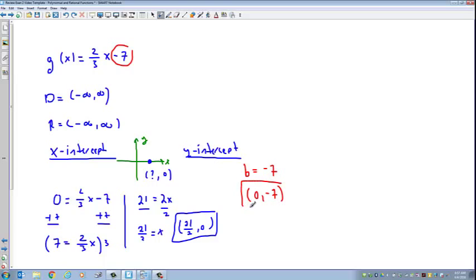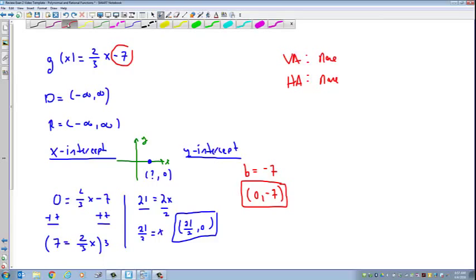And so that's the y-intercept. So we can actually use our understanding of linear functions to find the y-intercept for this. Okay, so we have the x-intercept and the y-intercept. Vertical asymptotes are real easy. There are none. And horizontal asymptotes, just as easy. There are none.